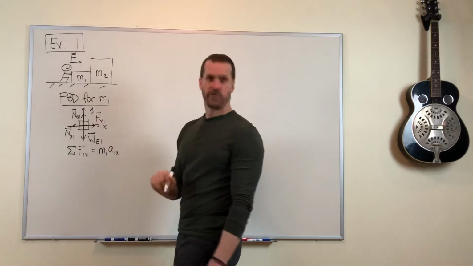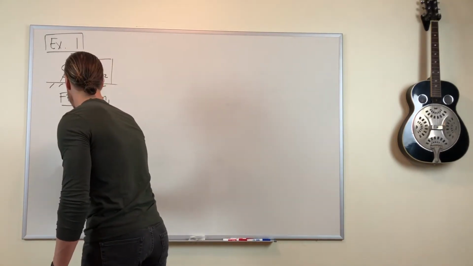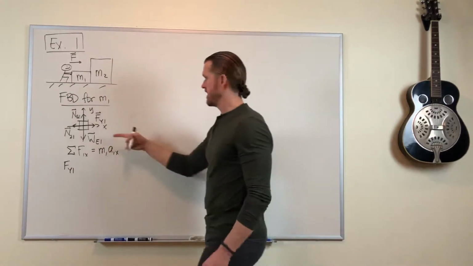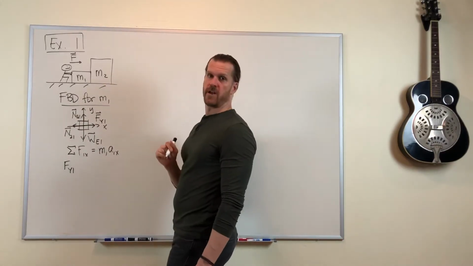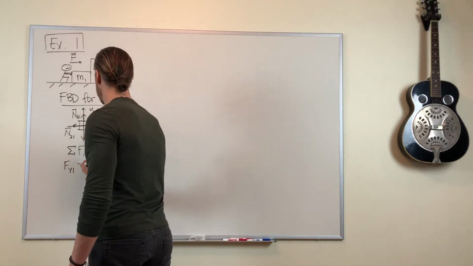In the x direction, there are two forces. There's the push from U on mass 1, that's positive. And there's the normal force of mass 2 pushing on mass 1, that's going to the left, so that's negative.